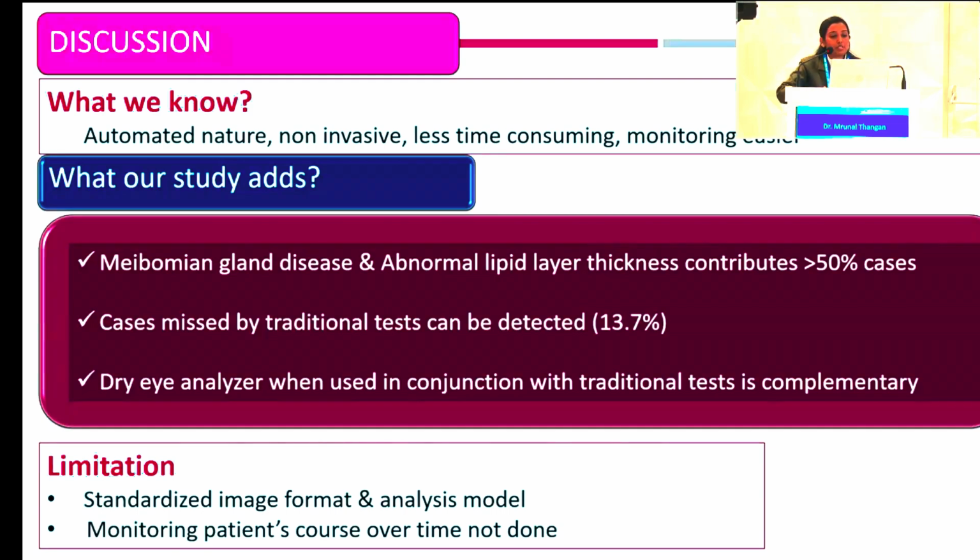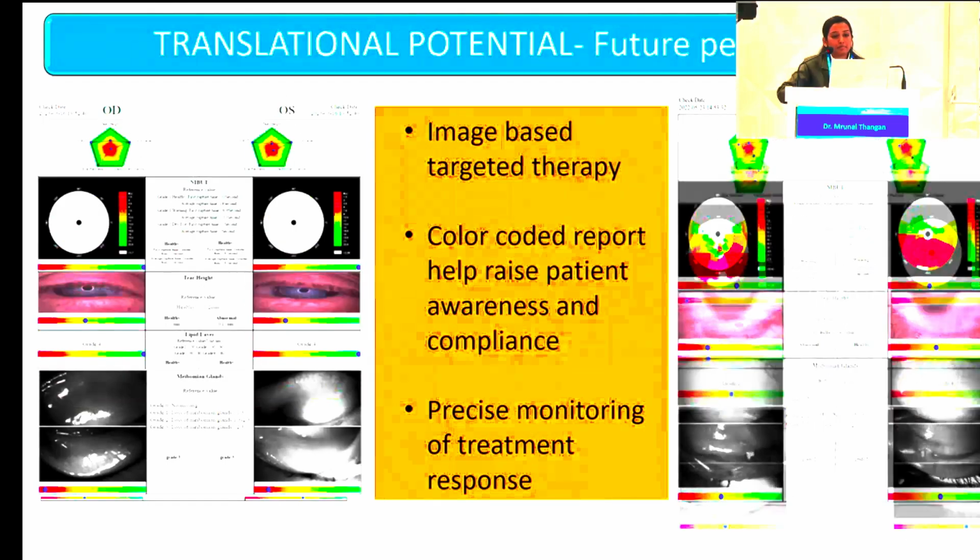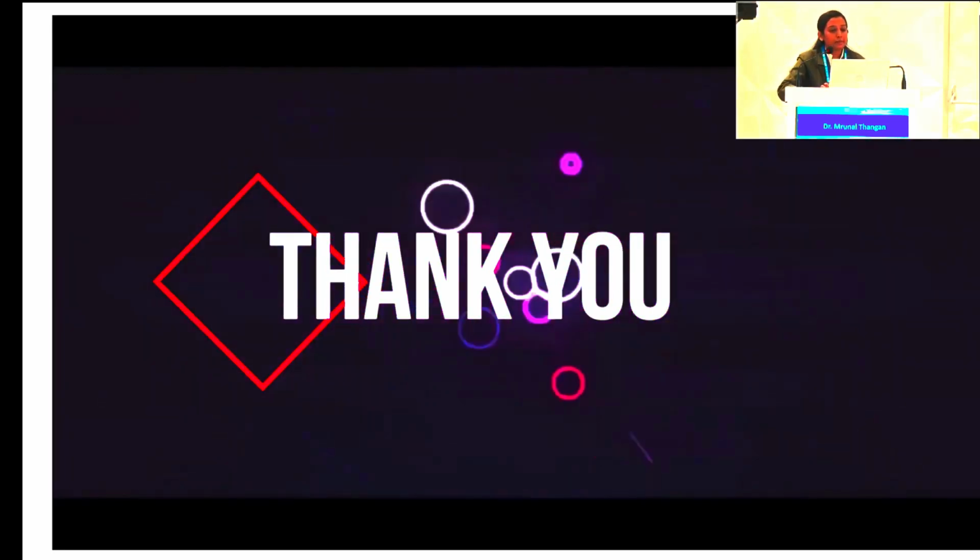The limitation of our study is the standardized image format and the analyzing model. As for translational potential, we can go for image-based targeted therapy. The color-coded report helps to raise patient awareness and compliance, and enables precise monitoring of treatment response. Thank you so much.